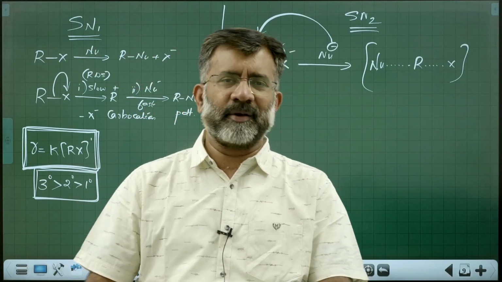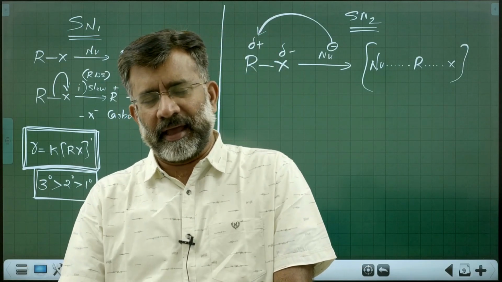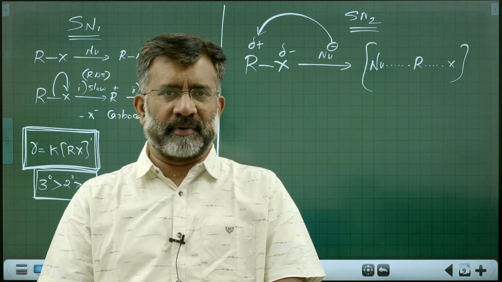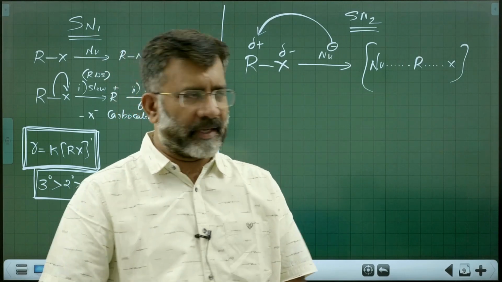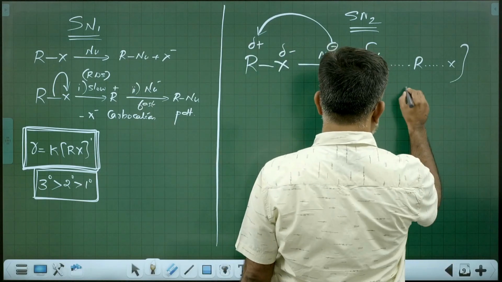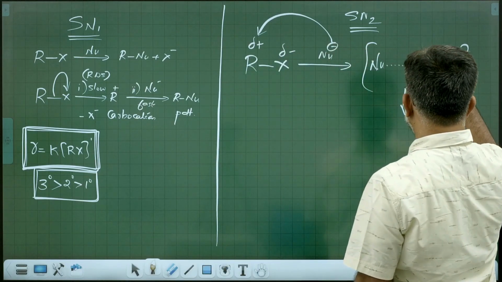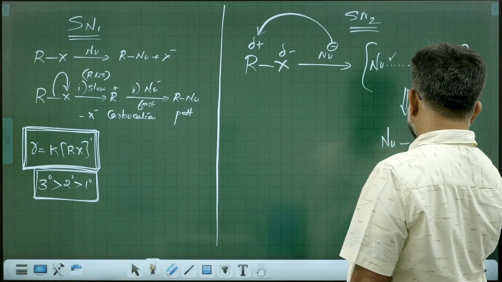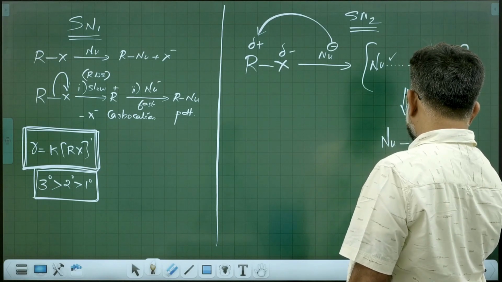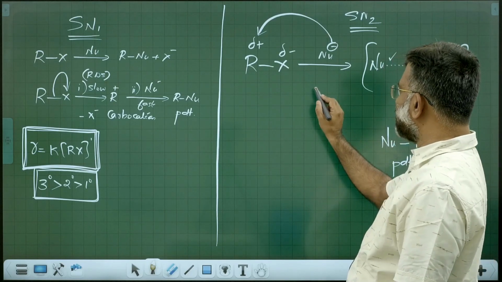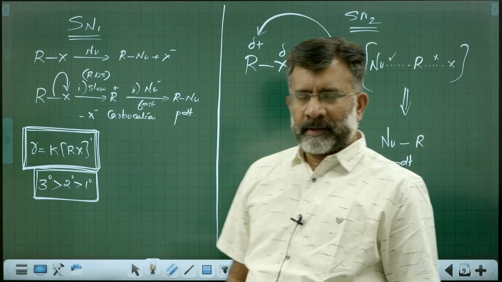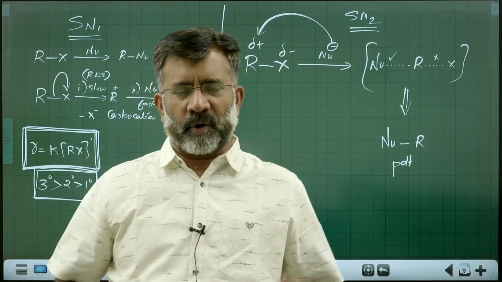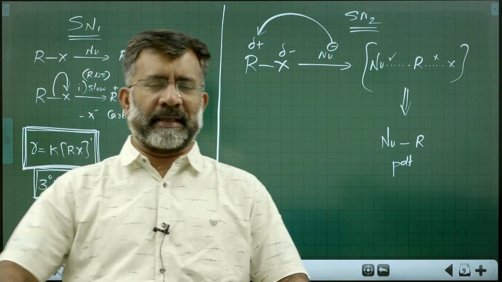The breaking of the carbon halogen bond and the formation of the nucleophile carbon bond occur simultaneously, and thereby the net result is this bond will break and this bond will stabilize. You will get NuR, that is the final product. It is a single step mechanism, a single step covalent concerted reaction mechanism.